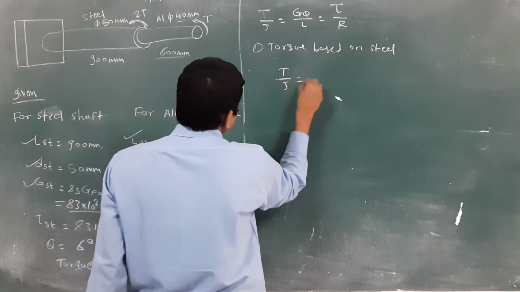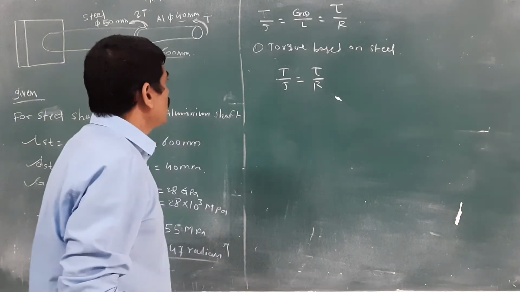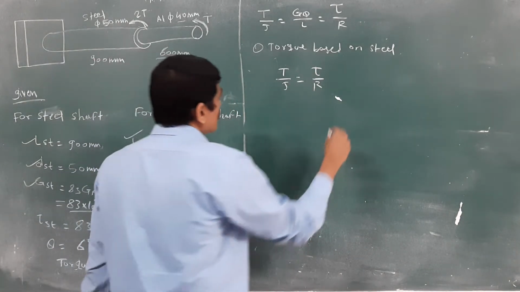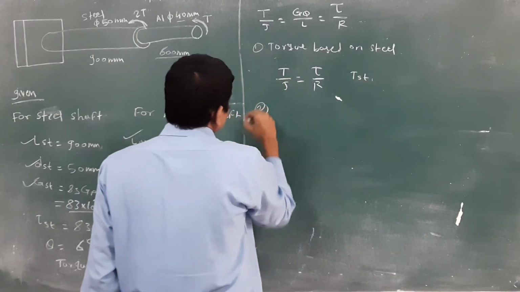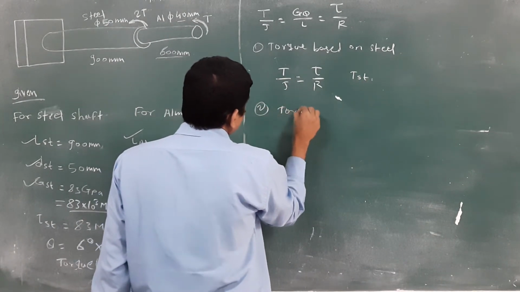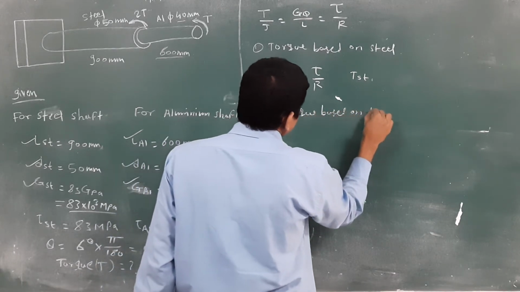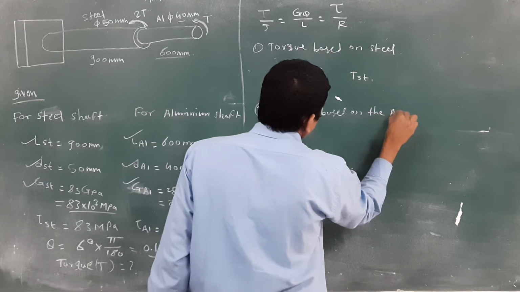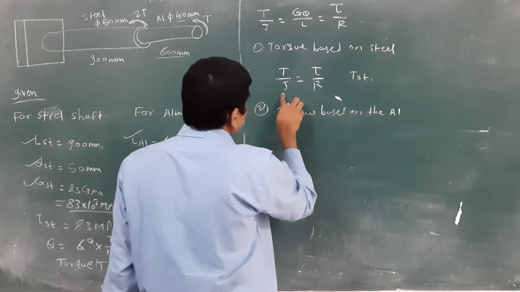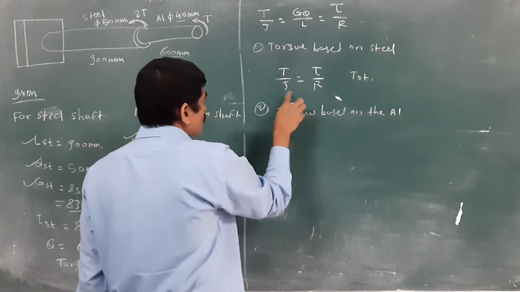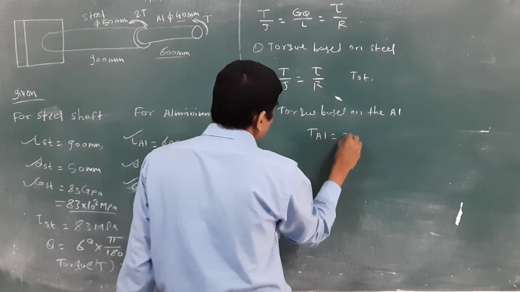T by J is equal to tau by R. I will use this relation, and you will get the torque for the steel. In a similar way, if we are using the second condition, torque based on the aluminium, we want to use the same formula, and you will get the torque for the aluminium.